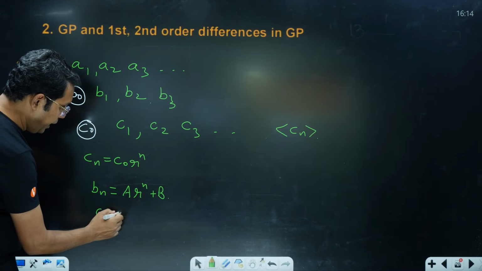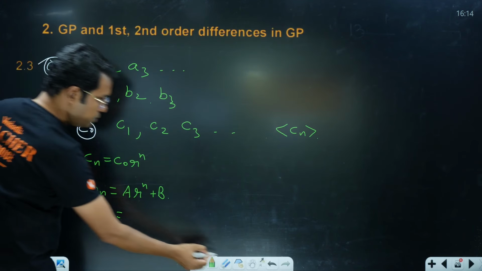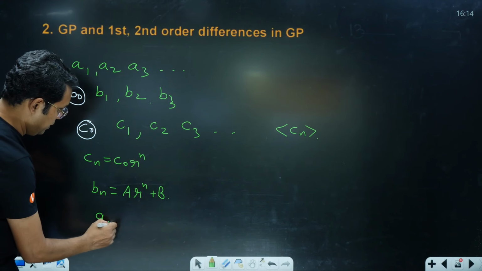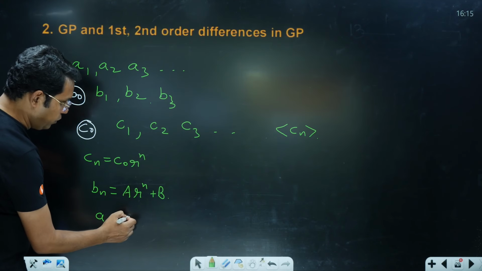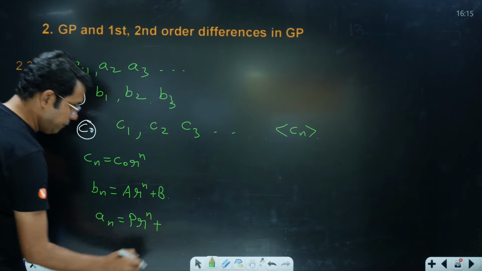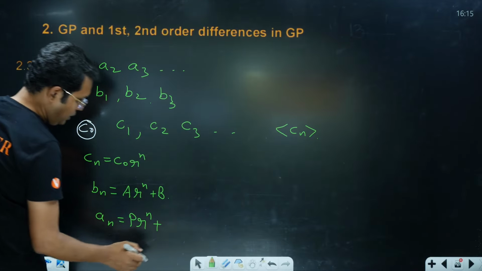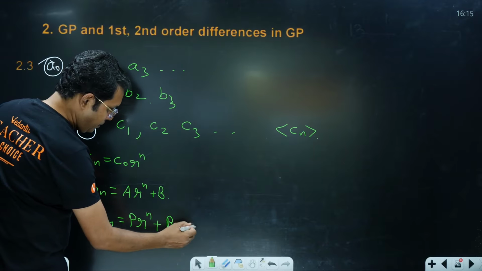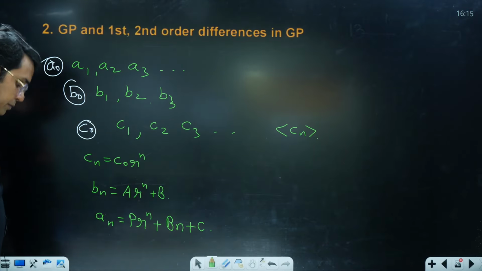For An it will be some other constant, let's say P into r^n, plus, I think it should have been B only, plus C. Let me just think.